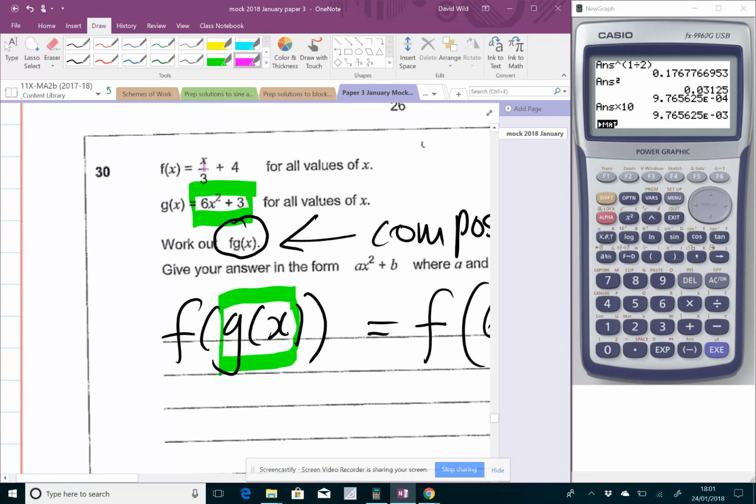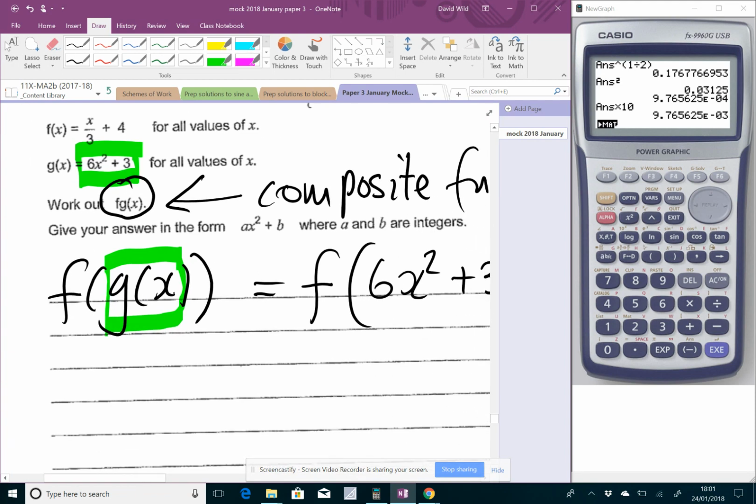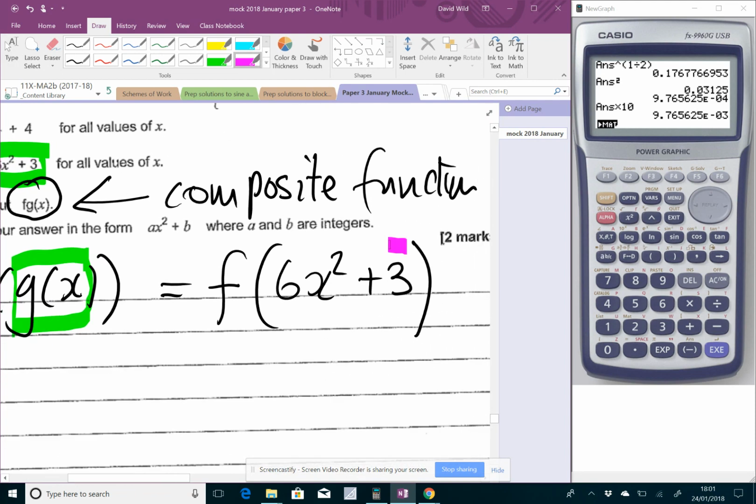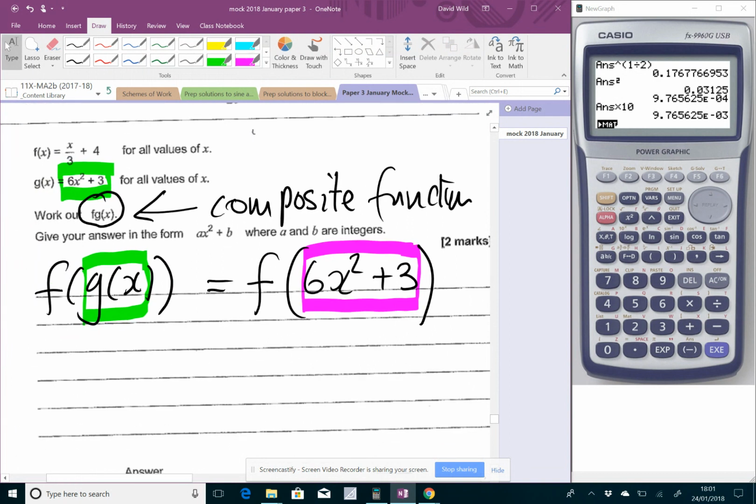Okay, so it takes my input, divides it by 3, and adds 4. What am I feeding in to my function? I'm feeding in this thing into my function f, this one here. So, if the input is x, it produces the input divided by 3 plus 4. So here, I want the input divided by 3, there's my input, divided by 3, and then add 4.